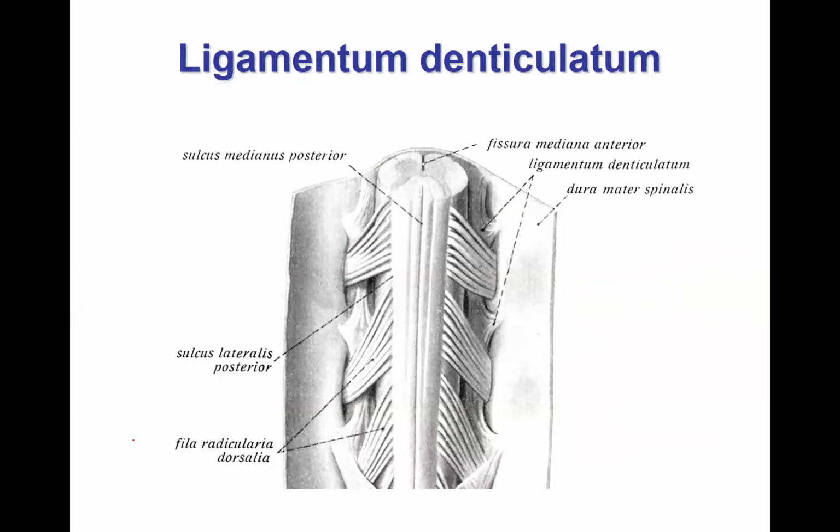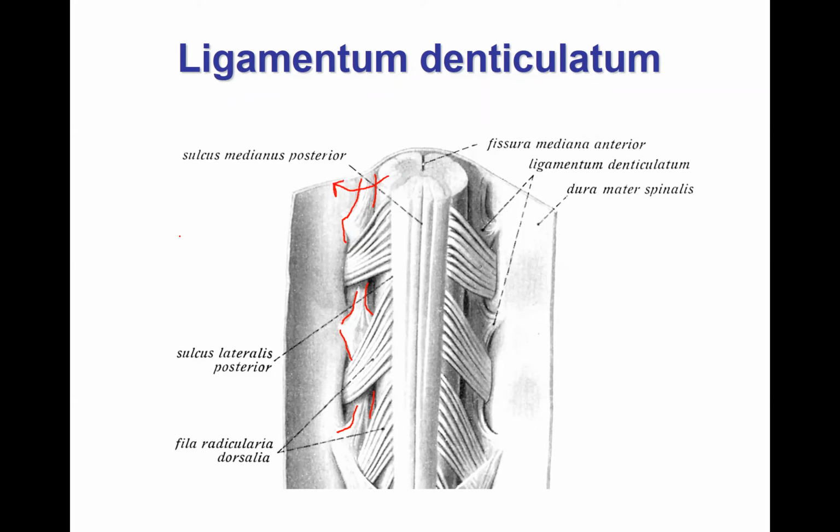Denticulate ligaments. What is a denticulate ligament? That's a very fine, soft structure, which I can highlight here. It's a structure inside the subarachnoidal space, and it holds the spinal cord attached to the arachnoidea and dura mater.